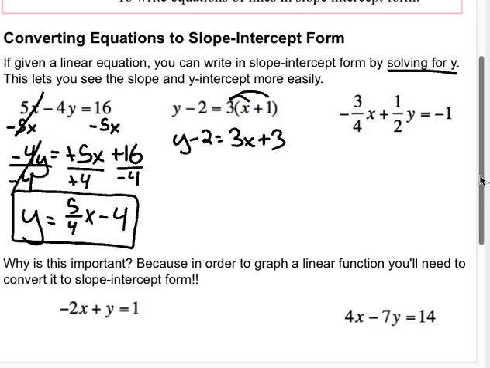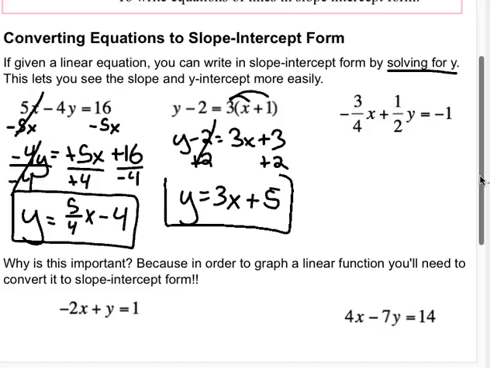Now, I'm going to add that 2 away. Obviously, the 2 doesn't add to the 3x because they're not like terms, but it adds to the 3 that's on its own. And now, once again, I have y by itself, so I can see the slope is 3, and the y-intercept is at 5.